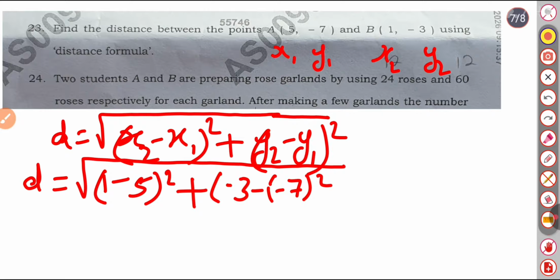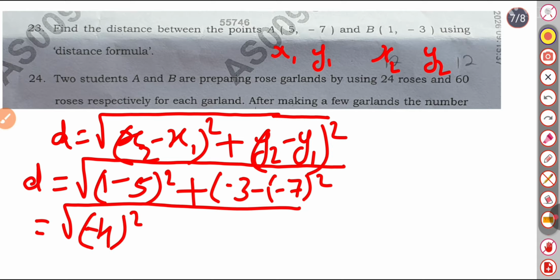So it is the root of minus 4 whole square plus minus 3 minus 7 is minus 4, so 4 square.